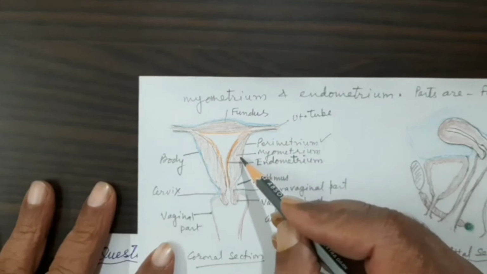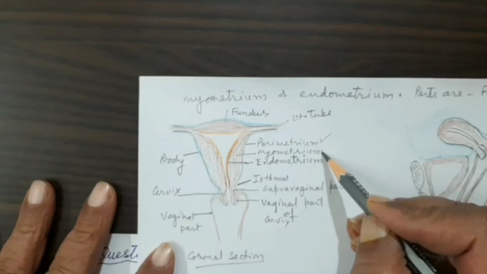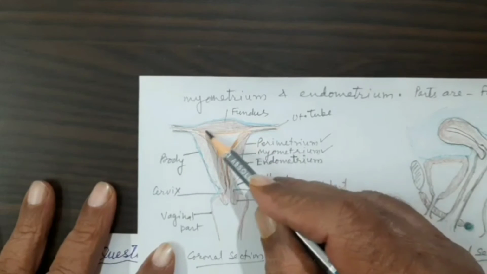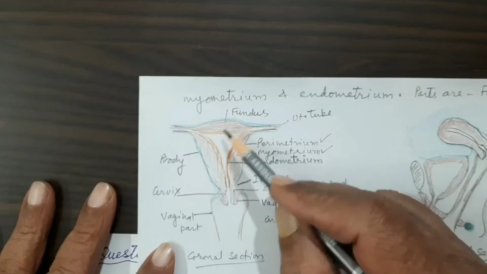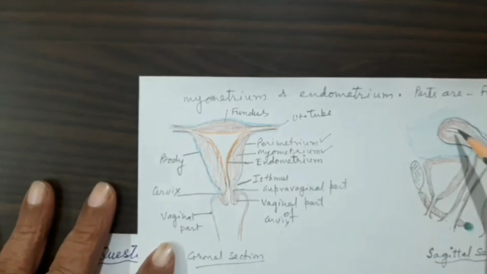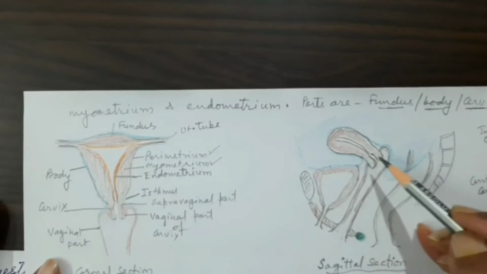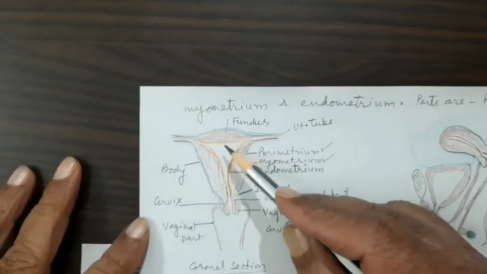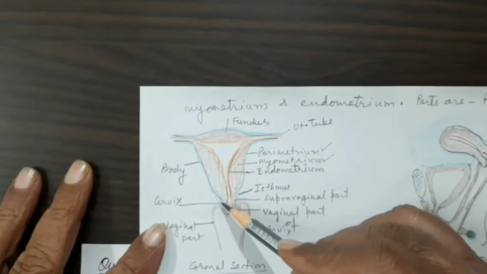Then comes the myometrium. This is made up of smooth muscle everywhere, in the anterior wall, posterior wall, everywhere. This myometrium, which is quite thick, is made up of smooth muscle.